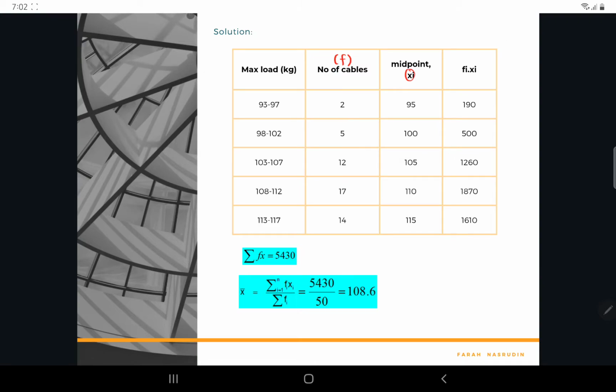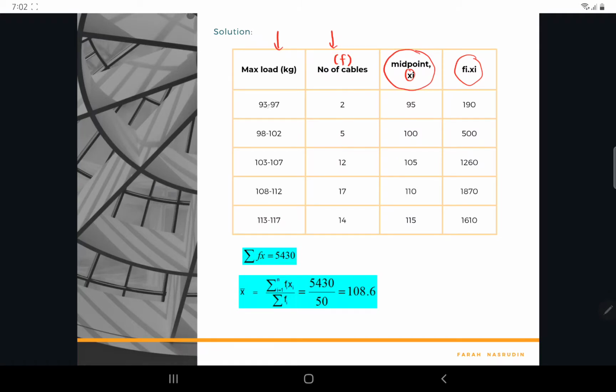So this is the original column, and this is the new column for midpoint and fx. So how to find the midpoint? Midpoint is a central point.